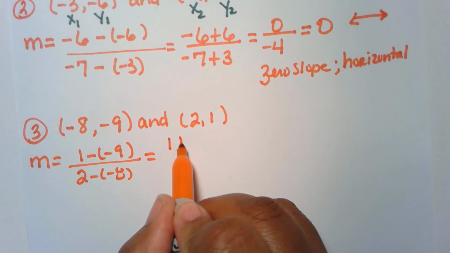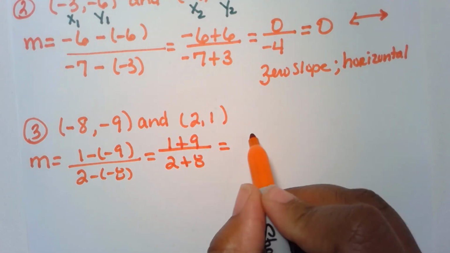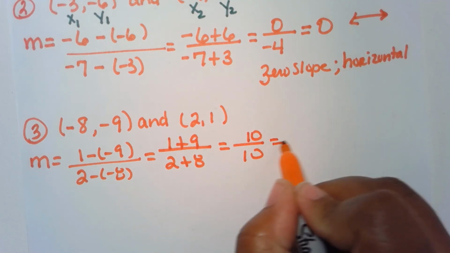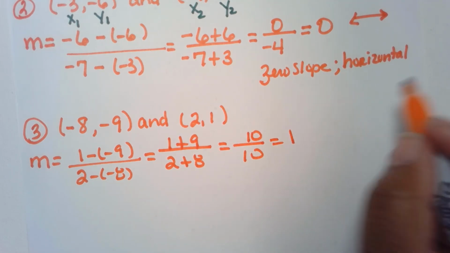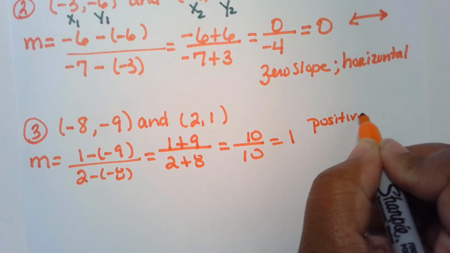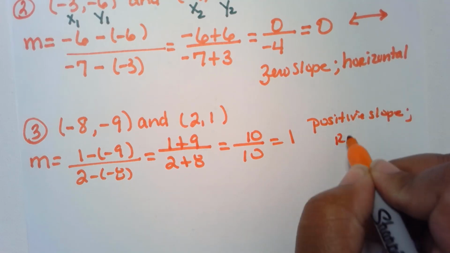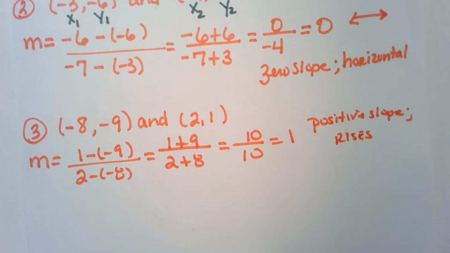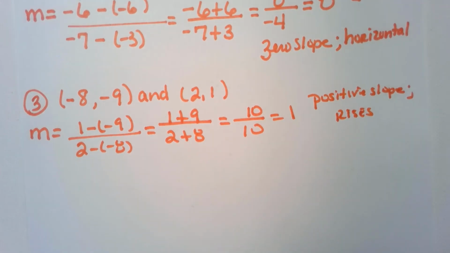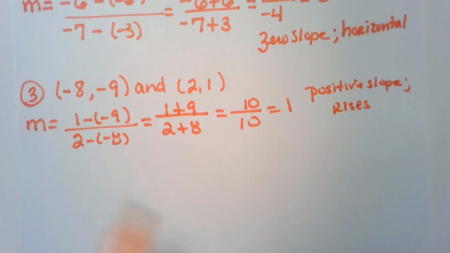This becomes 1 plus 9 over 2 plus 8. That is 10 over 10, which reduces to 1. So we have a positive 1, therefore we have a positive slope again, and this will be a line that rises from left to right. Now, had the slope been negative, it would have been a line that falls from left to right.